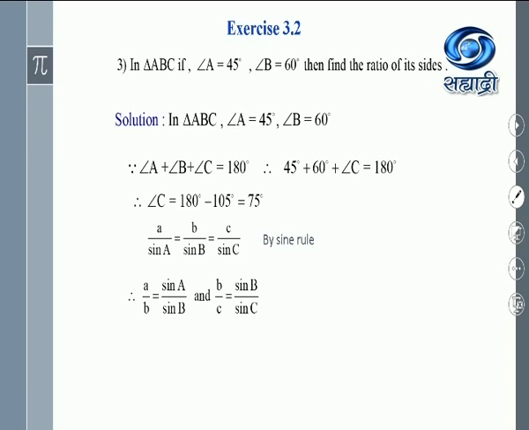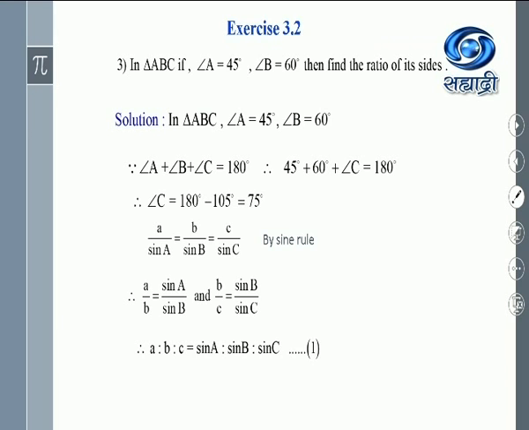Now we use the forms of the sine rule according to the need in the solution. Now this a upon sin A equal to b upon sin B can be written, cross multiply, as a upon b is equal to sin A upon sin B, right? Similarly here, b upon c is equal to sin B upon sin C. Got this too?